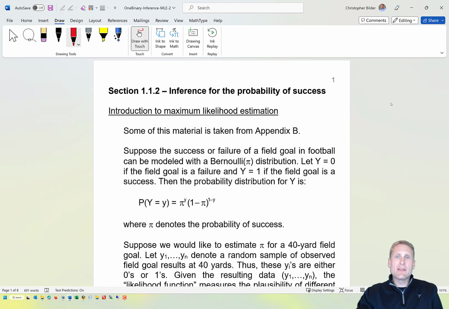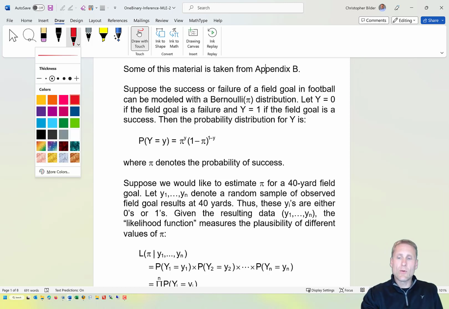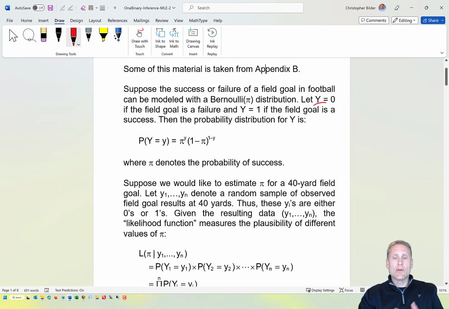Let's go back to the example where we're looking at trying to understand the success or failure of a field goal. In particular, we're interested in the probability of success for a field goal. And so we're going to, once again, let Y denote a success for a 1, a failure for 0. And we're going to model Y with a Bernoulli distribution.